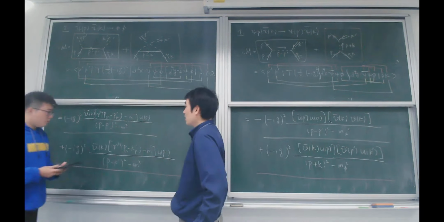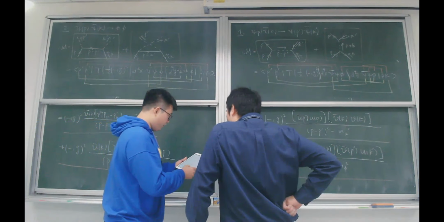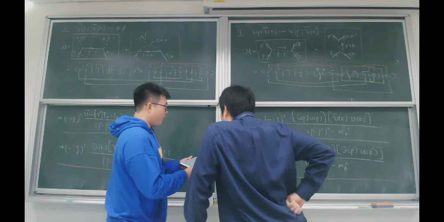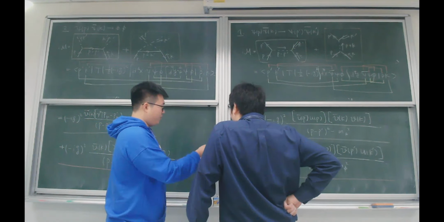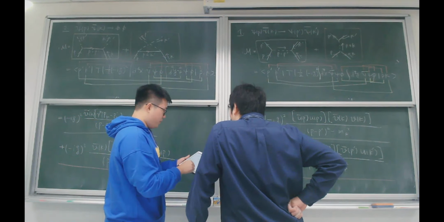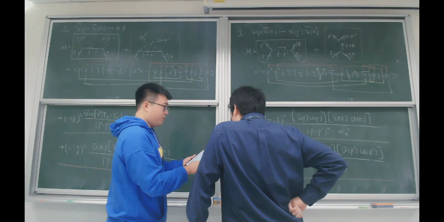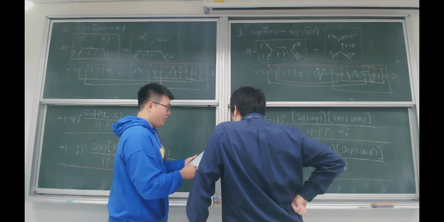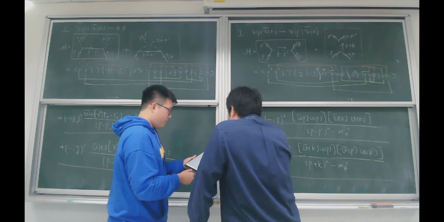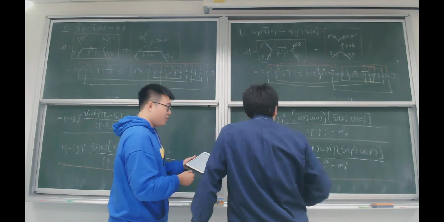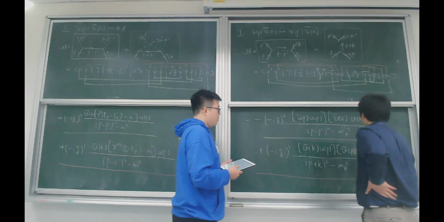I have a question about the Feynman description here. Why do we omit them in this section? I think you can include it, whichever. This is implicit.